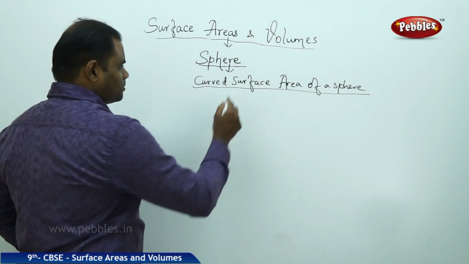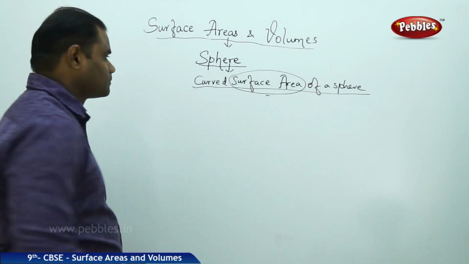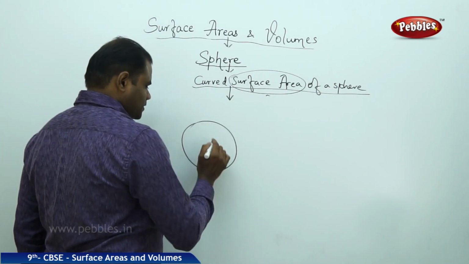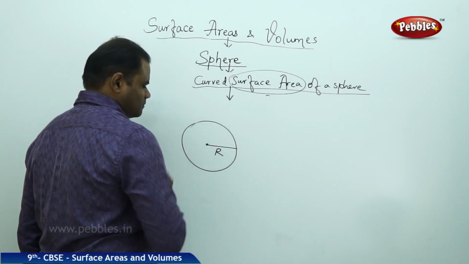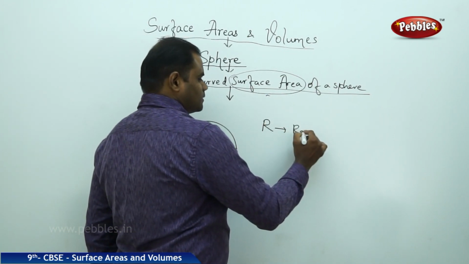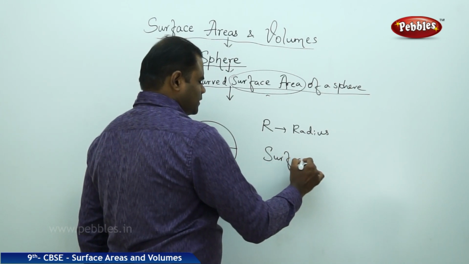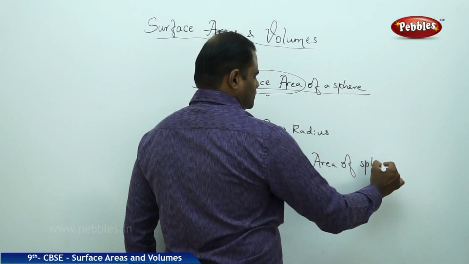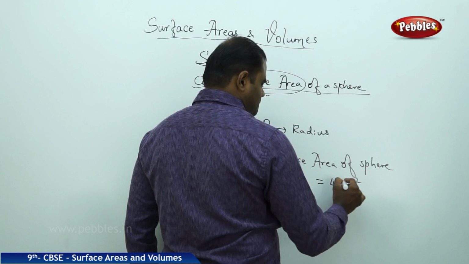So a sphere which has the radius r has a surface area given by 4 pi r squared.